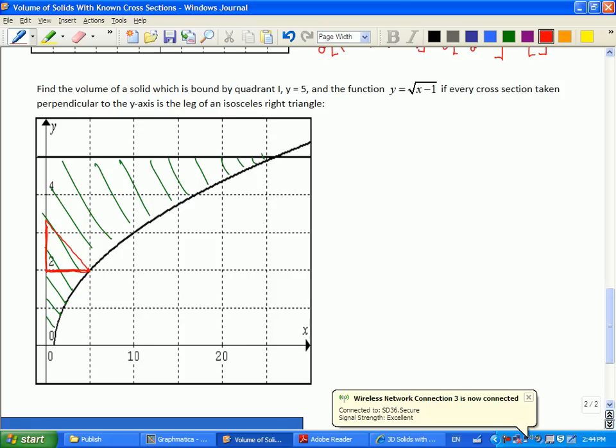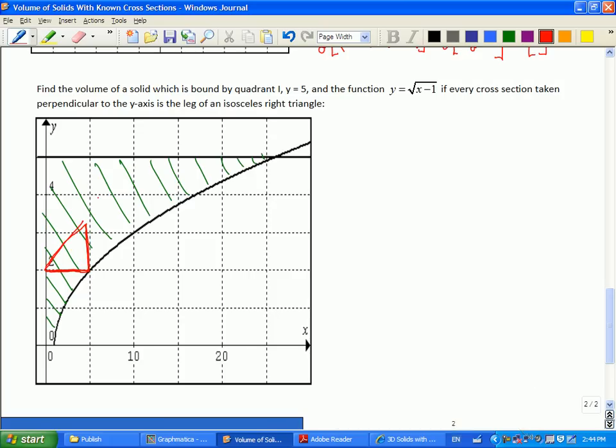Now, if you're worried, uh-oh, what if I draw it this way? Can anybody put our worries to rest? Will it matter if it's one way or the other? No. How come? The areas are the same. Therefore, when we add up all the areas, the volume would be the same. So yeah, we've just turned the triangle. So I'll go back to my original here.